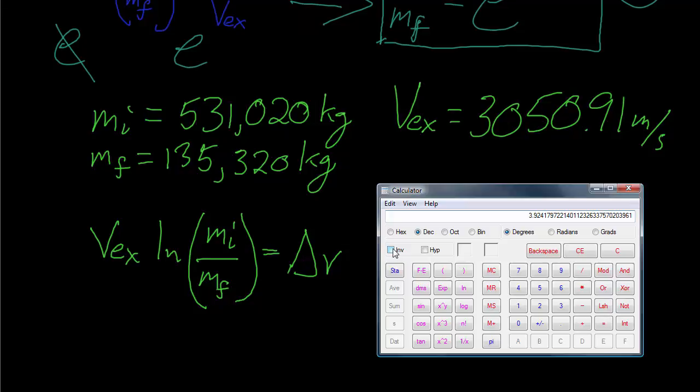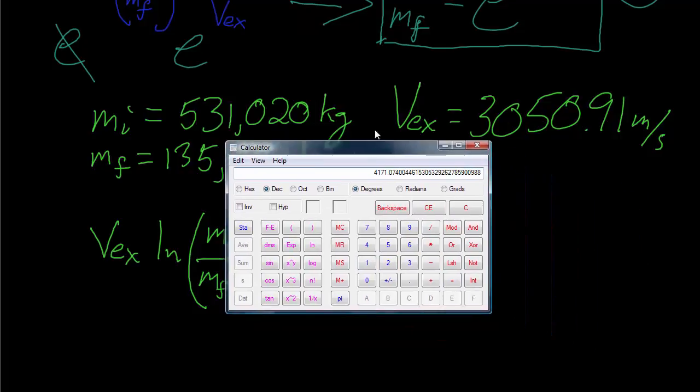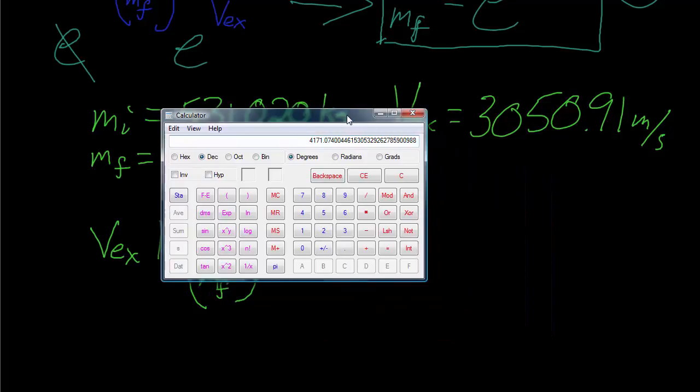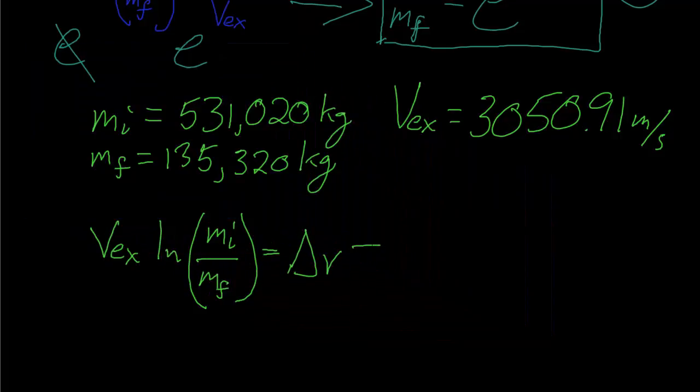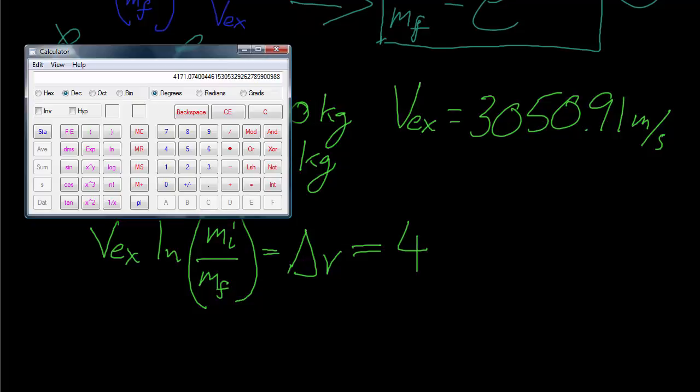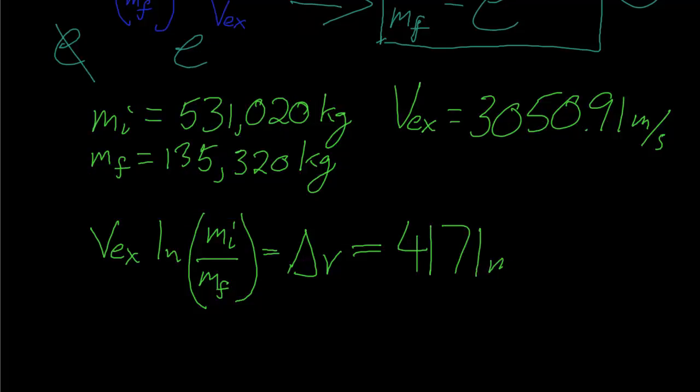We put this to the natural log and multiply it by 3,050.91, which was our exhaust velocity. This gives us a change in velocity of 4,171 meters per second. And this is how fast the entire rocket is moving.